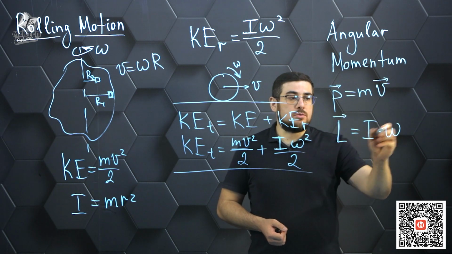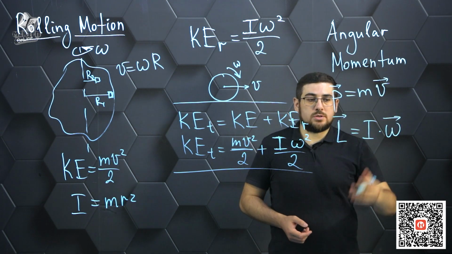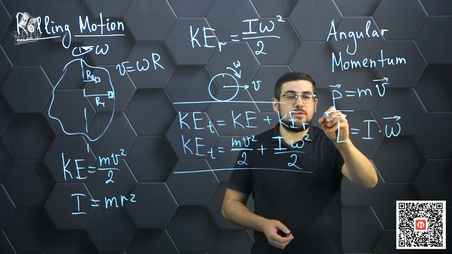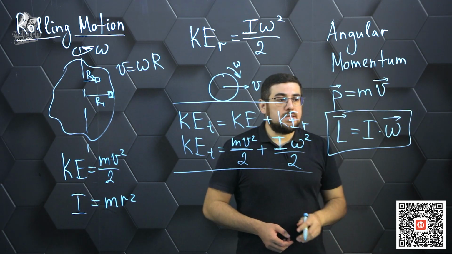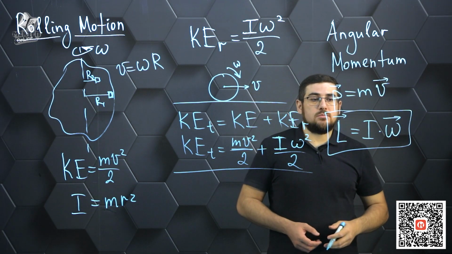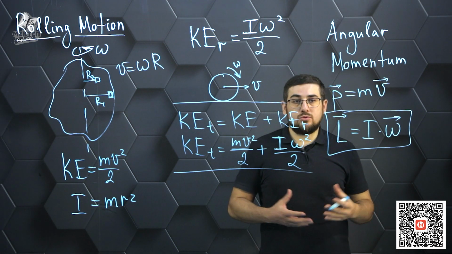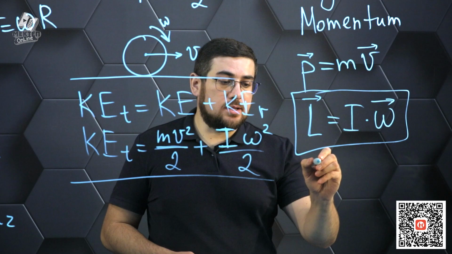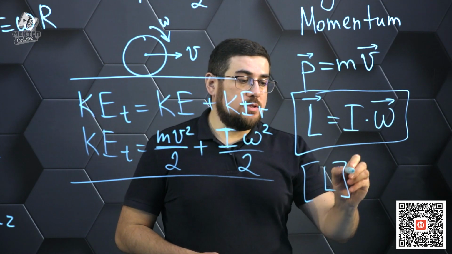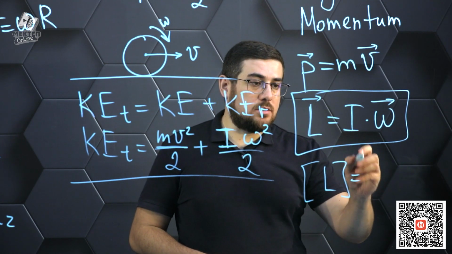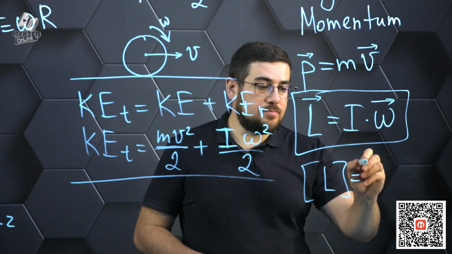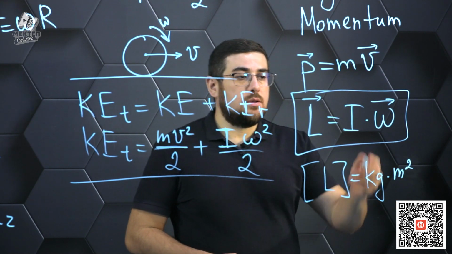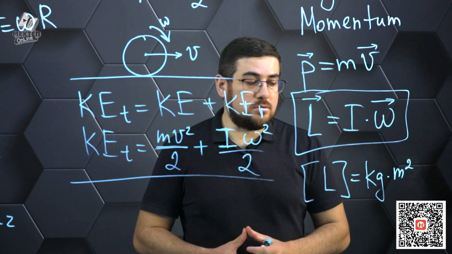It also has its own direction, because both angular velocity and angular momentum are vector quantities. If we look at the units of measurement, they are composed of two units: the unit of moment of inertia, which is kilogram times meter squared, and the unit of angular velocity, which is radians per second.